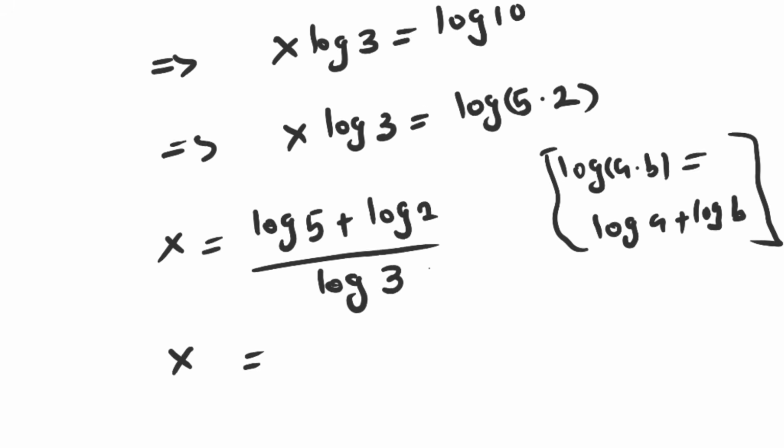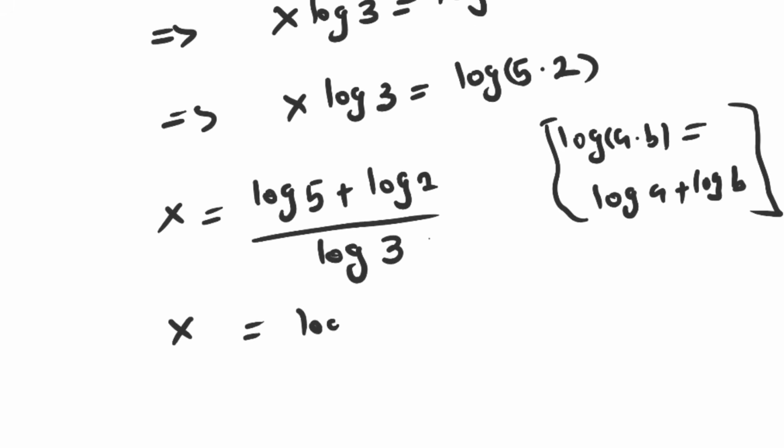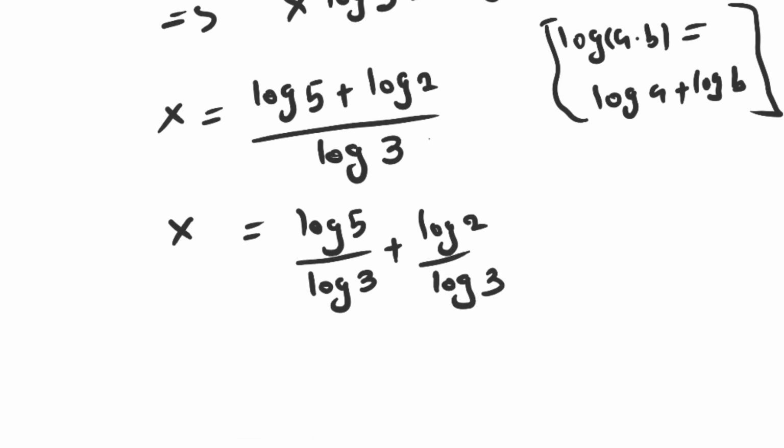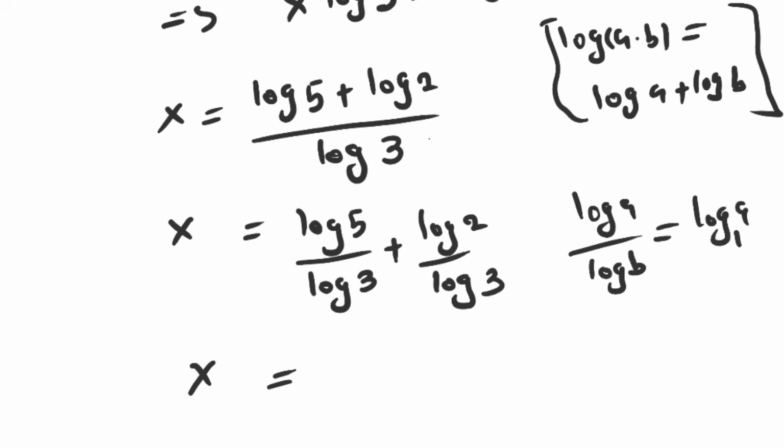x is equal to log 5 over log 3 plus log 2 over log 3. x is equal to, if you have log a over log b, this is equal to log a base b.